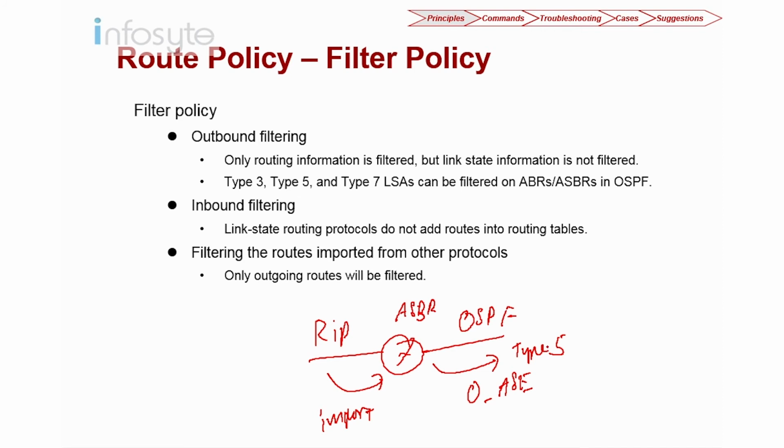Now, when you do this, we are going to filter based on the route, and when we do a filter, it's always an outbound filter. So this will always be export when you do the filter. So we import so that we can filter it to be exported.